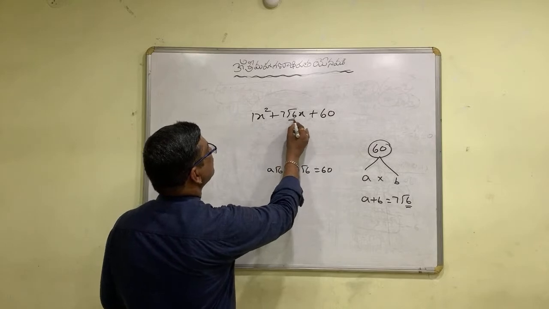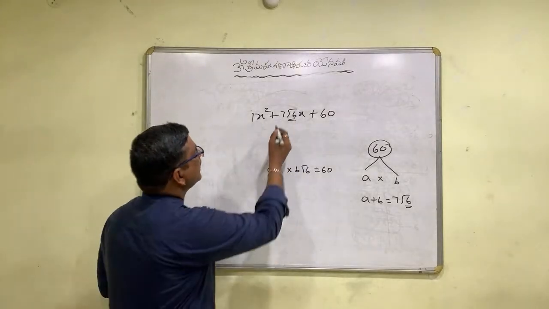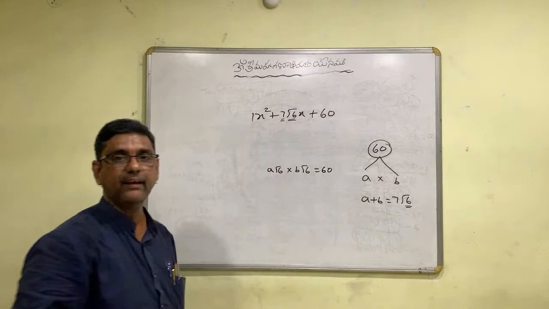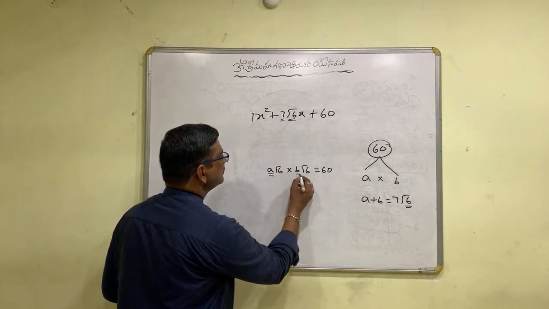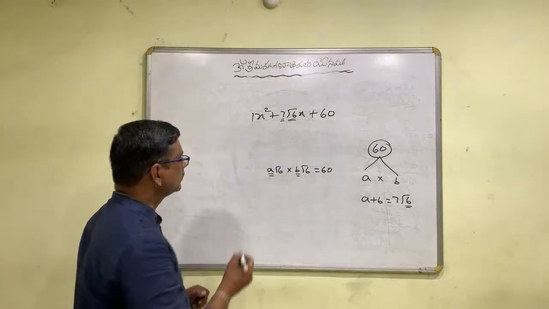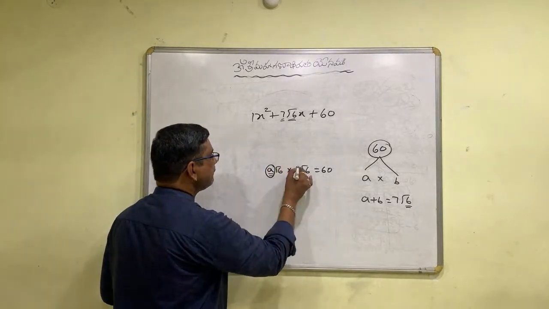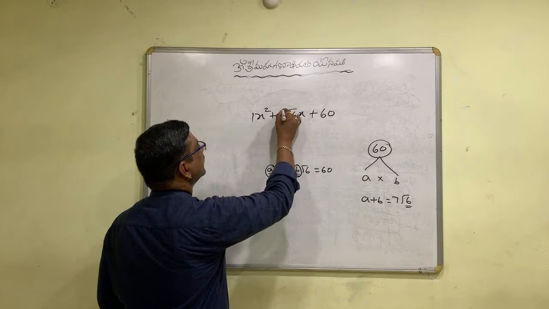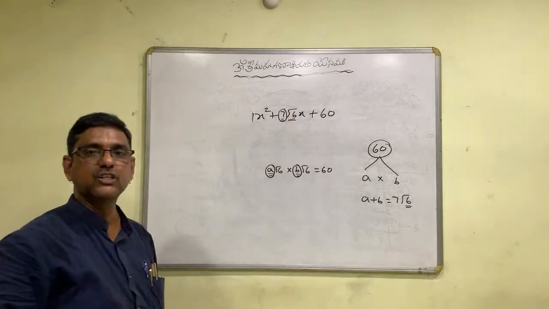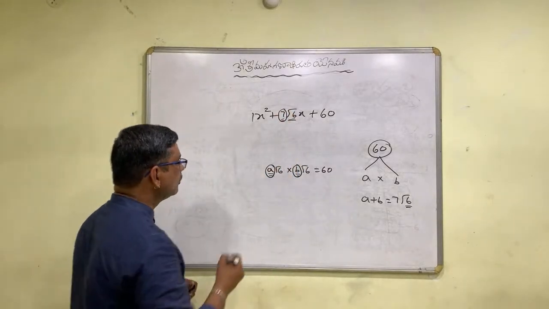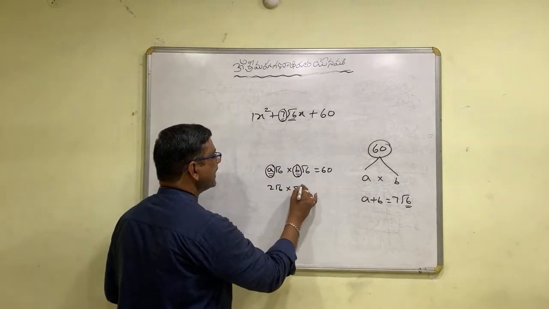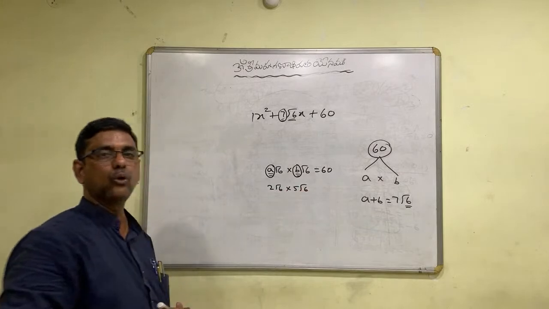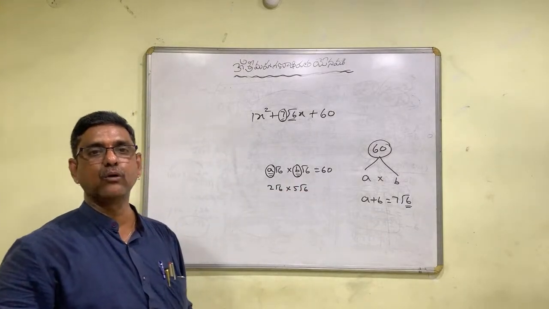Now, here the irrational part is root 6 and the rational part is 7. So I have to put two numbers a and b so that a plus b is 7. I will do it like this: 2 root 6 into 5 root 6.